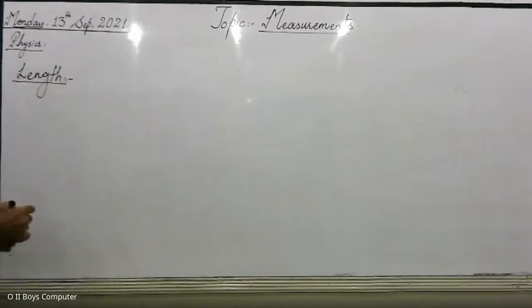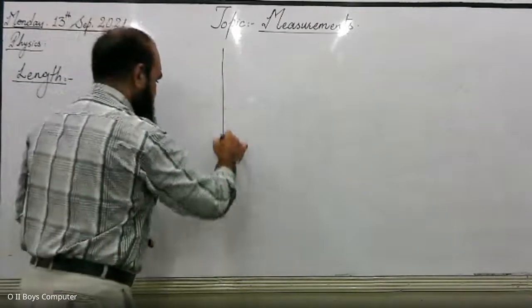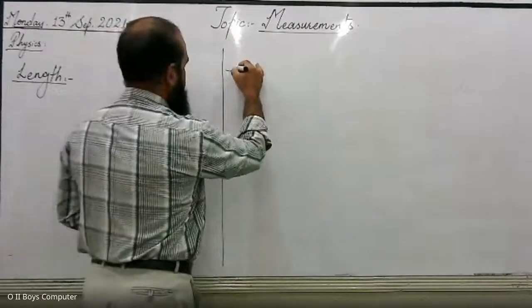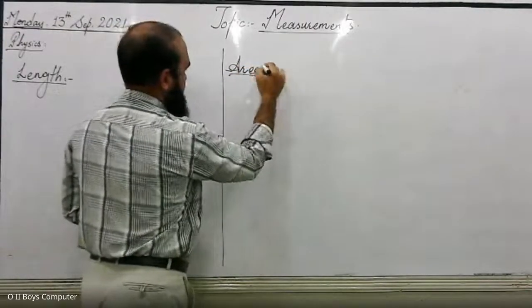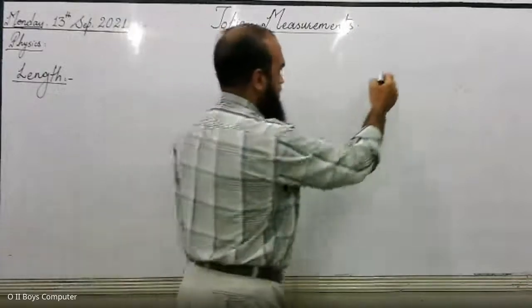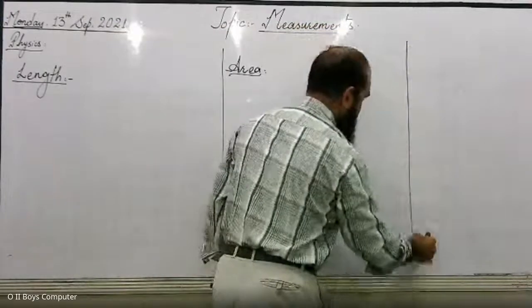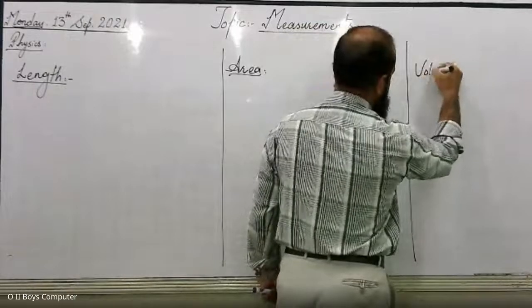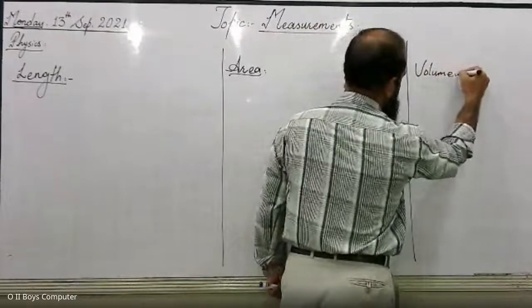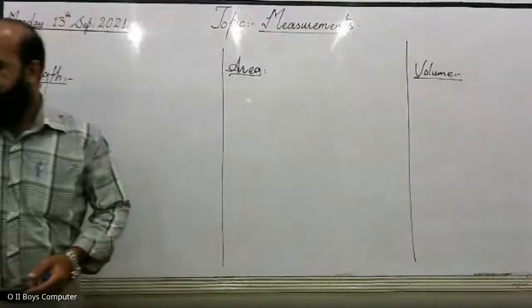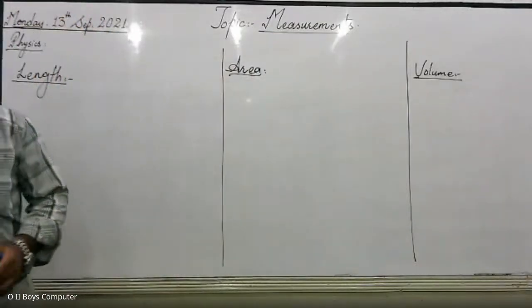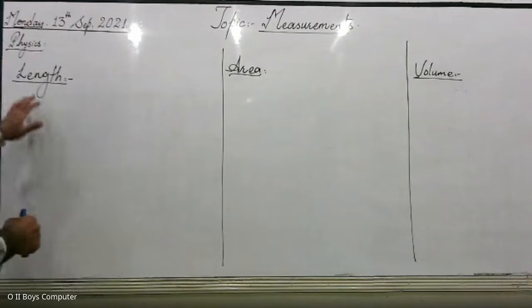The second thing will be the area, which is related to the length, and the third one is the volume. Today's lecture will be just related to these three quantities, and today we are going to start the length.